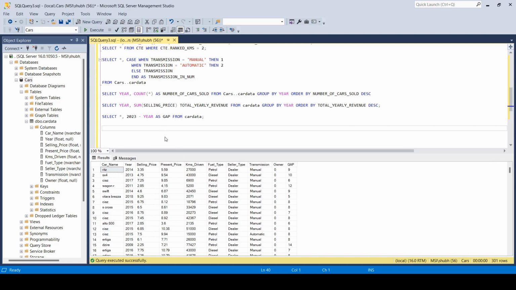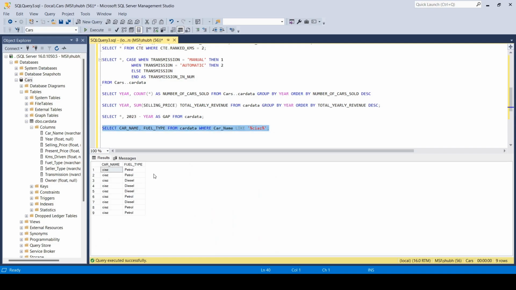Then if we use the like operator, see, so this Ciaz will match in car name, and then we will take car name and fuel type. So Ciaz, we can see runs on both petrol as well as diesel.